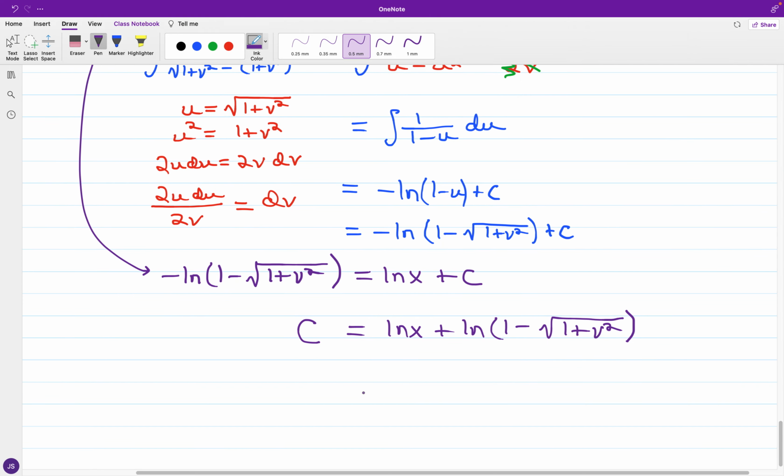And consolidating, you have a constant and addition between natural logarithmic terms, so you'll be looking at multiplying the arguments.